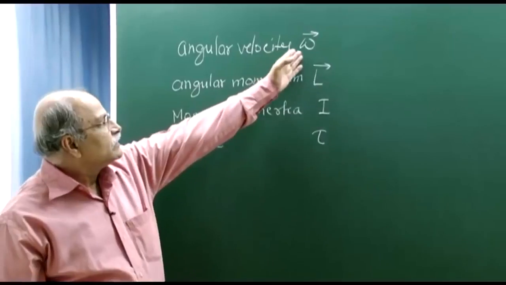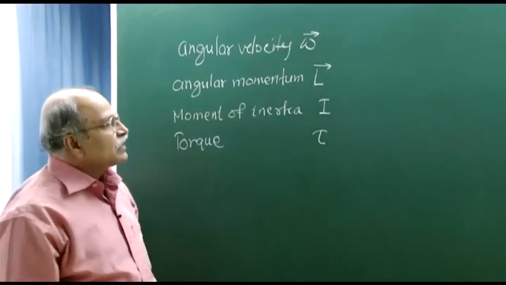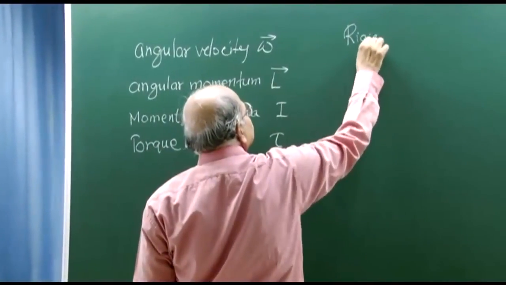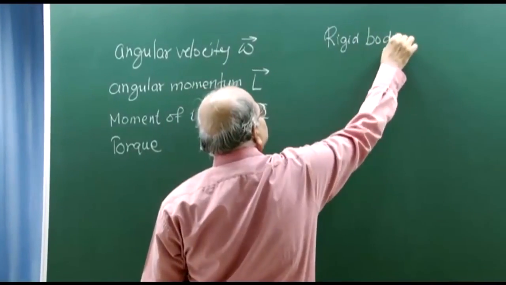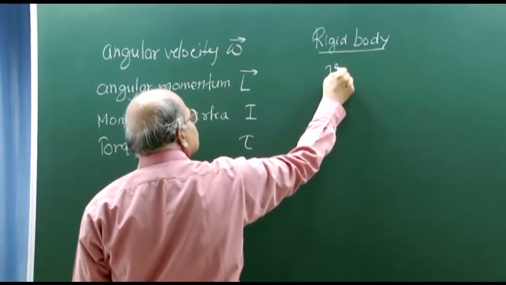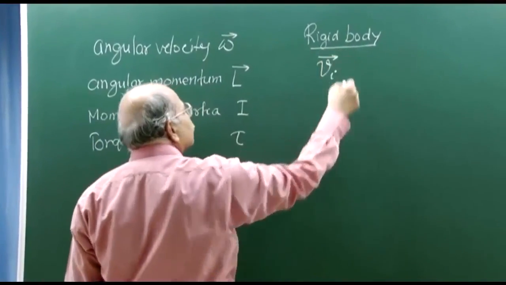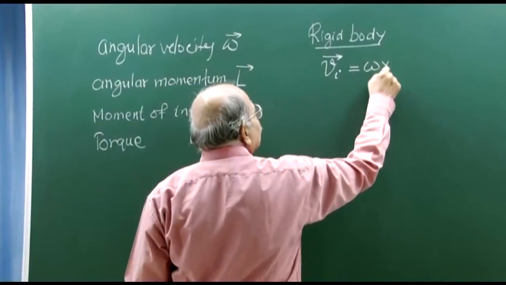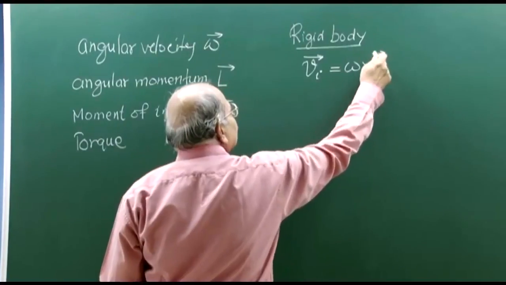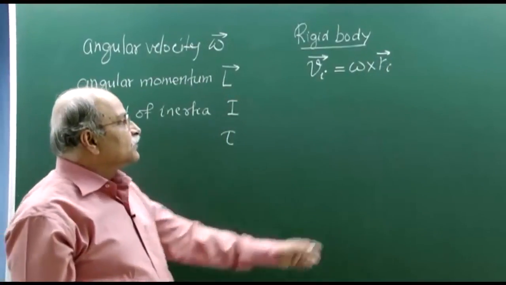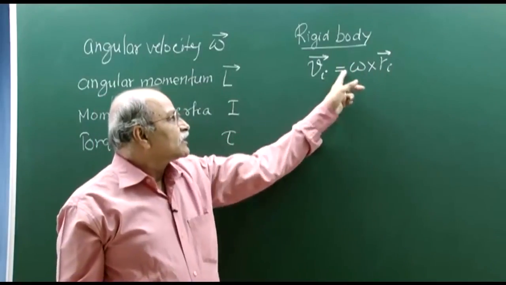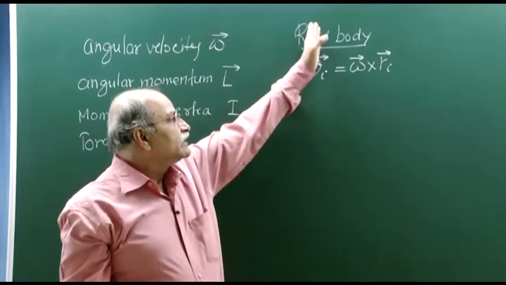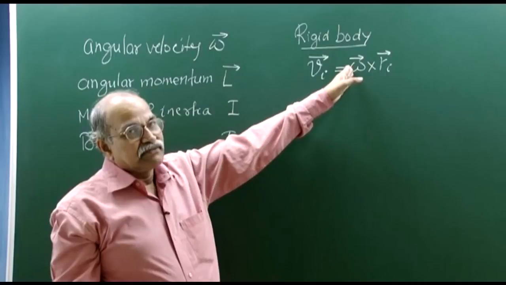So, angular velocity is a vector quantity omega, and if you have a rigid body which is rotating, the linear velocity of any particle can be written as omega cross Ri. Ri is the position vector of the particle, and this omega is the same for all the particles. Then you say that this rigid body has this angular velocity vector.